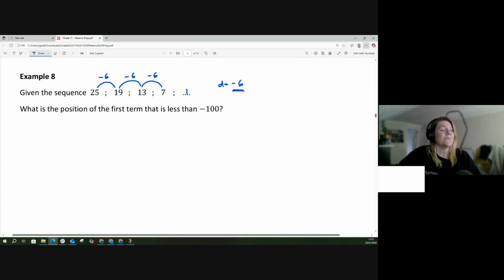Okay, we are trying to figure out what position the next term would be of the number that is less than -100. So we're going to be using our formula that we spoke about on Tuesday. I want you to treat this -100 as your Tn.